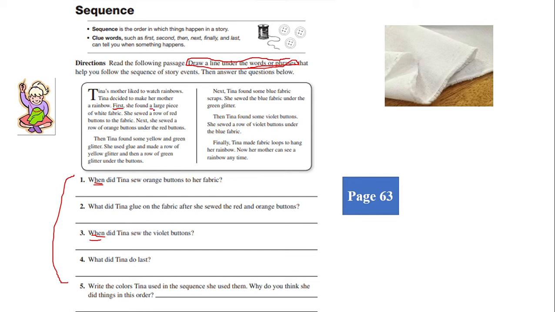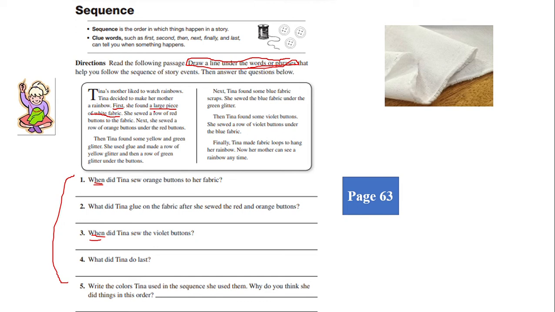Also underline this for you to answer the questions, to help you find the order. So you will know directly, instead of reading the whole text again, that this is the first thing that happened. If you don't want to underline it, you can circle it.